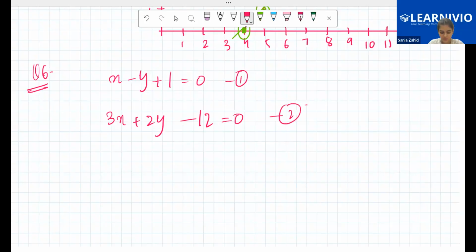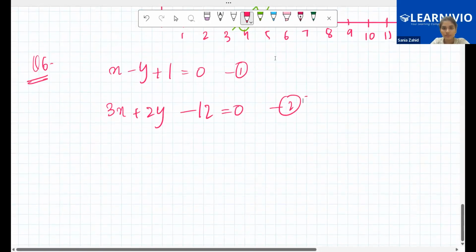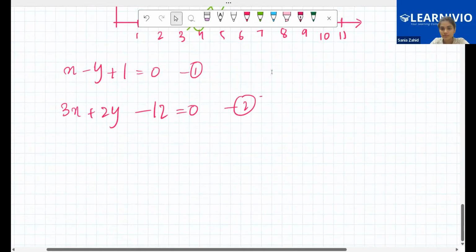Okay, so what are the coordinates that you're taking for the first equation?